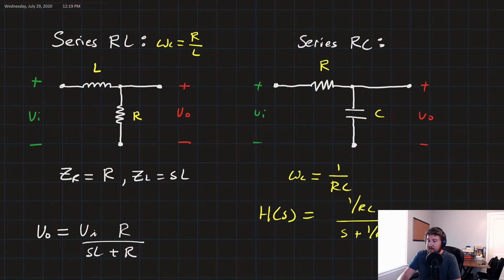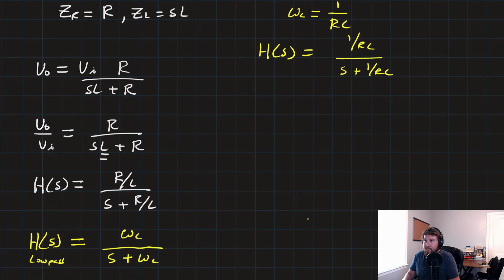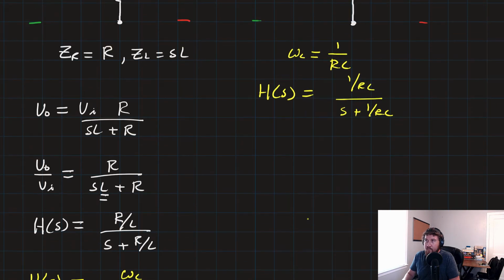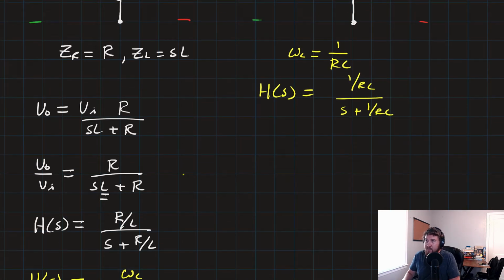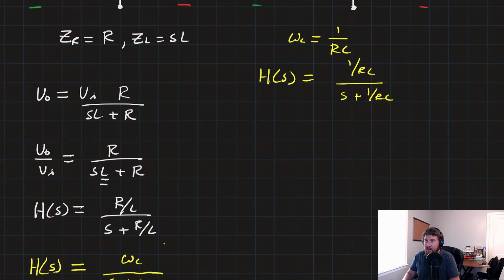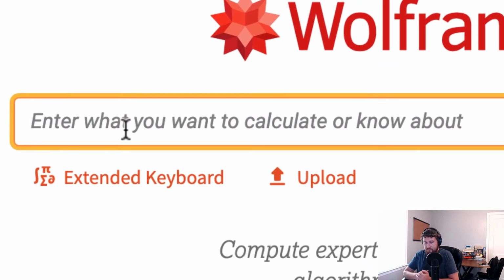Now, as you may have guessed, we're not going to get that ideal curve for our transfer functions like we expected. So if we go over to Wolfram Alpha, let's do a really simple one. We'll just say that our cutoff frequency is equal to 10. So we found some values for R and L that would give us a value of 10. And let's see what that would look like.